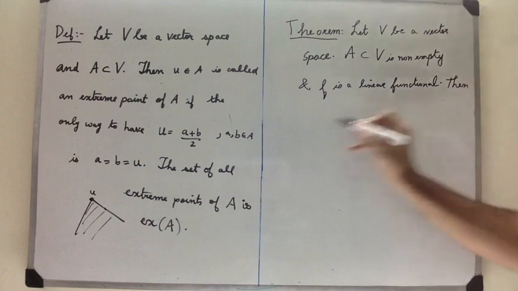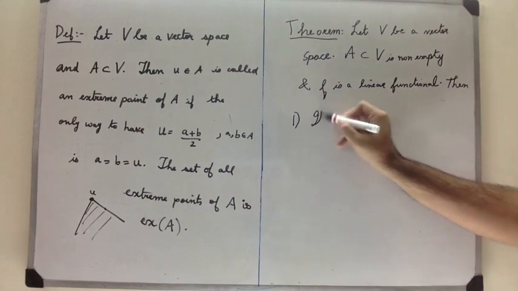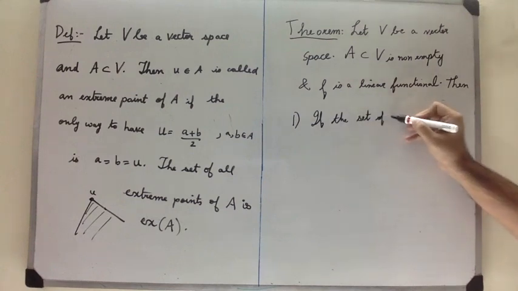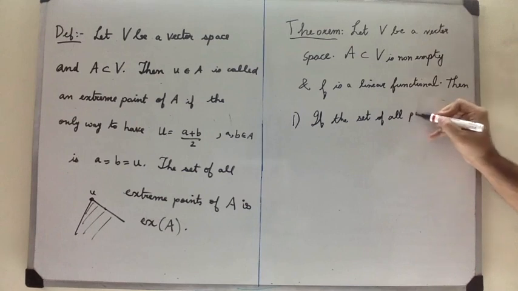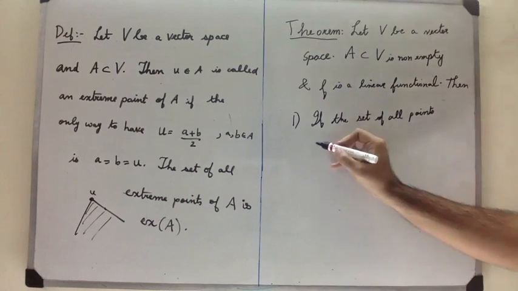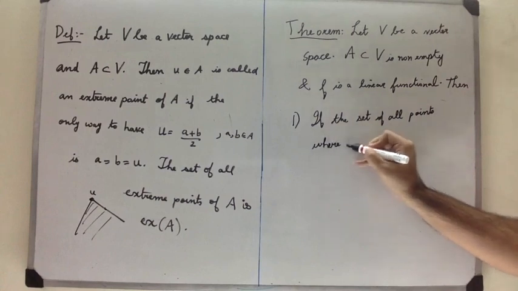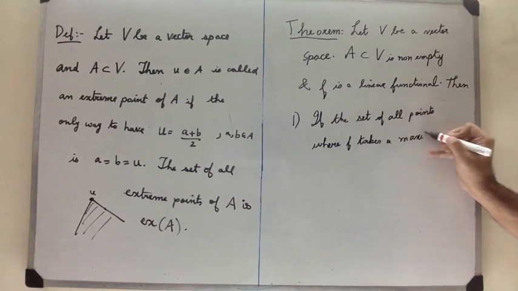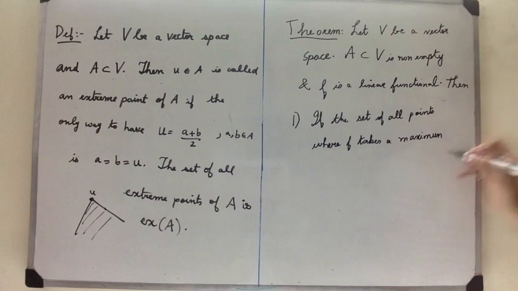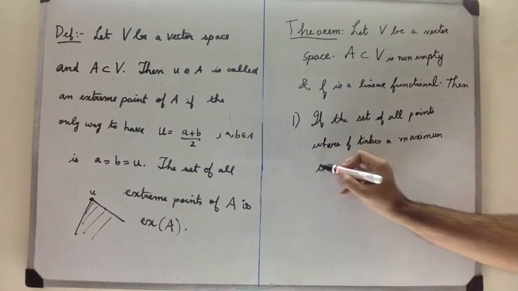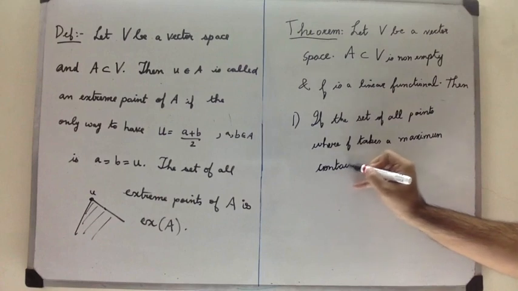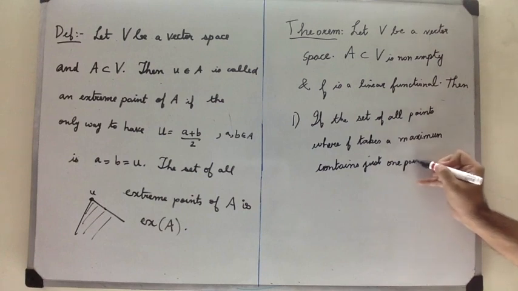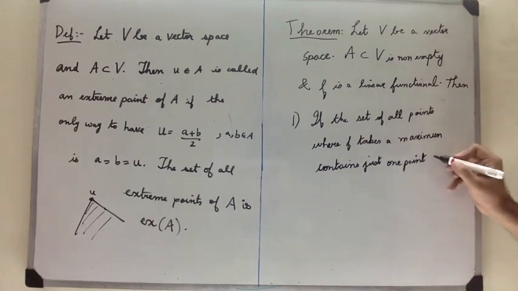Then, first, if the set of all points where f takes a maximum or a minimum, let's proceed with the maximum, is in fact unique, so this contains one point, then that point is an extreme point.